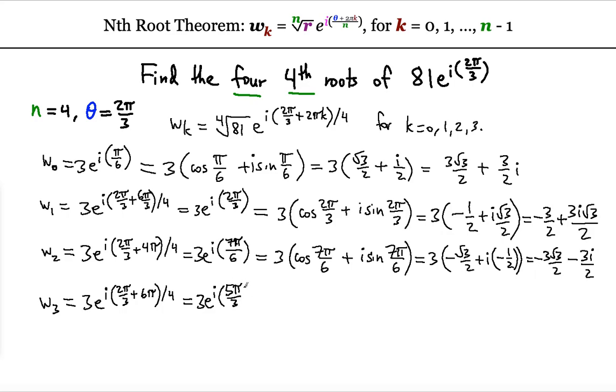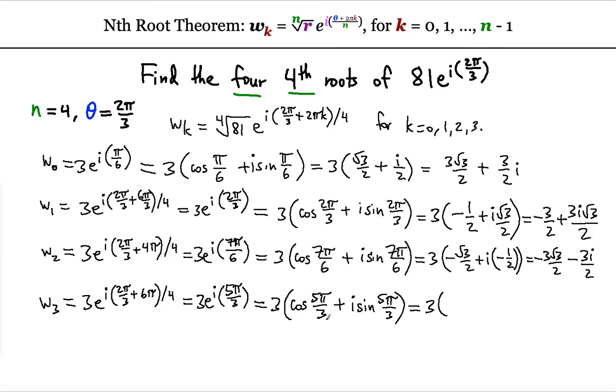So this is what we get. Okay, so now as a result we get 3 cosine of 5 pi over 3 plus i sine of 5 pi over 3. Now this angle is going to be in quadrant 4, right before 6 pi over 3, right before 2 pi.